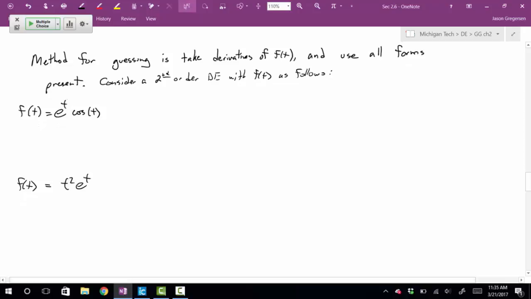So our method for guessing is to take the derivatives of f of t and use all the forms that are present. So if I'm considering a second order differential equation where this is the right-hand side, I'm going to start taking derivatives. The derivative of this guy is going to be derivative of the first times the second plus the first times the derivative of the second.